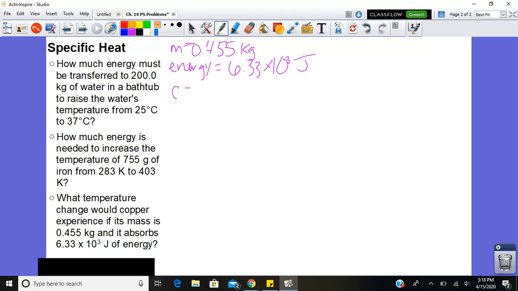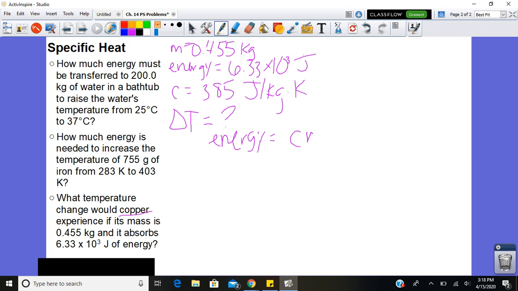I can look in my book and figure out the specific heat of copper this time, which is 385 joules divided by kilograms times Kelvin. And it's asking for what temperature. So we're trying to find delta T. We have the same equation we've been using.